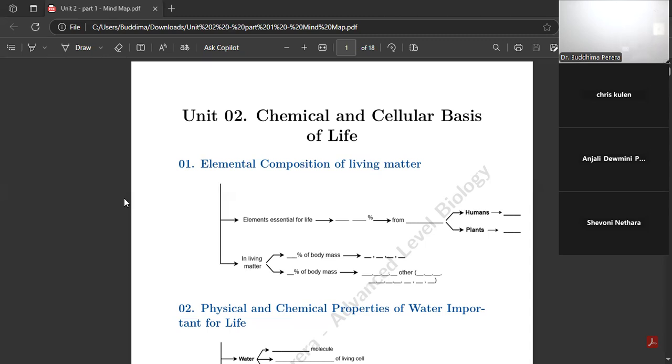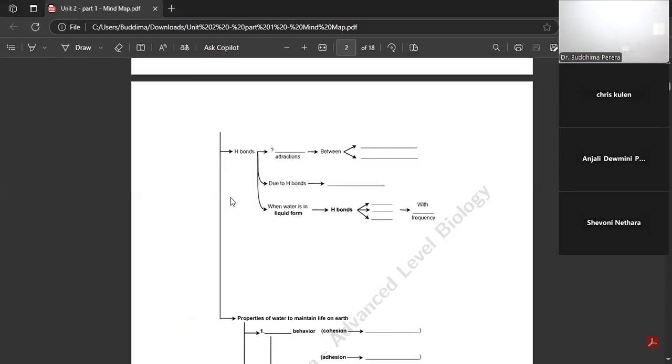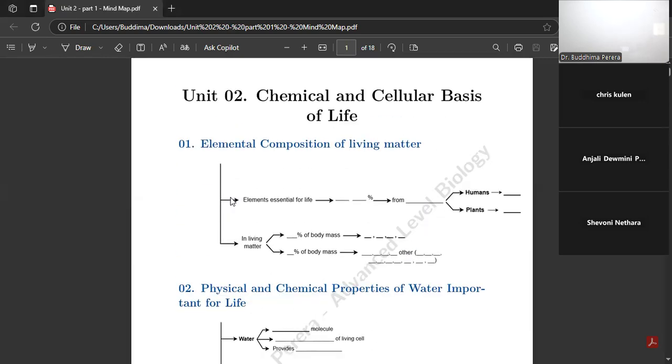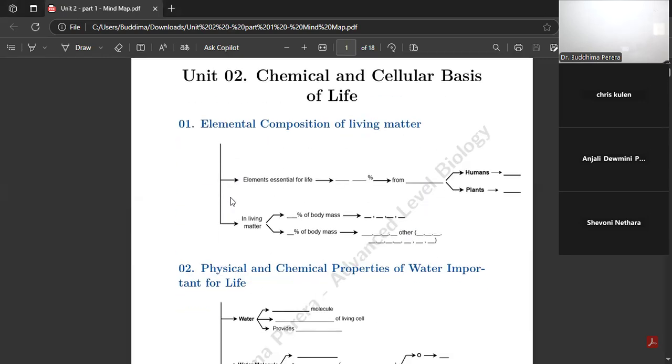So let's go through the chemical and cellular basis of life, right? Let's discuss what we have done already. The elemental composition of living matter. Elements essential for life: 20 to 25% of the naturally occurring 92 elements are essential for life.